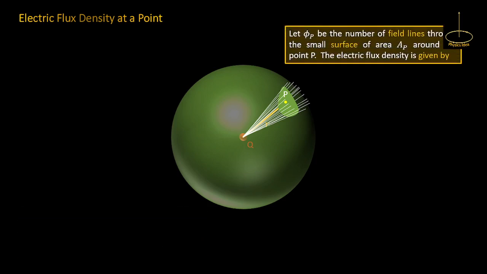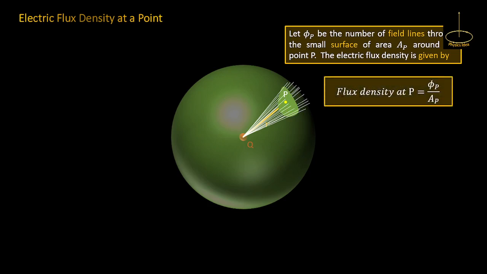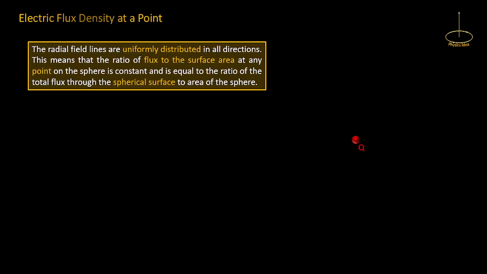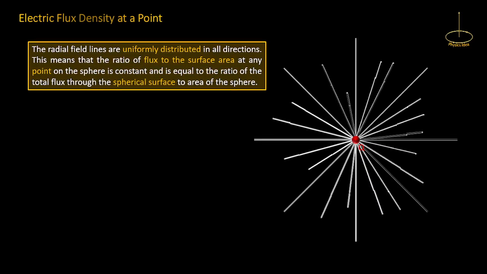Let phi P be the number of field lines through the small surface of area A P around the point P. The electric flux density is given by phi P divided by A P. Electric flux density at a point: the radial field lines are uniformly distributed in all directions.